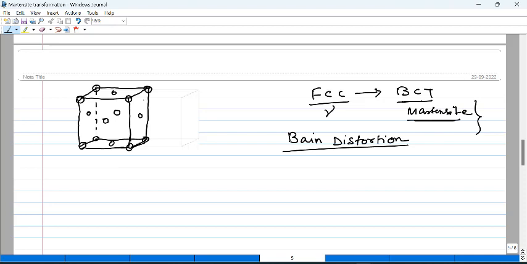For example, if I extend this to another unit cell, the next one, can we draw some unit cell in this manner inside these two unit cells of FCC?